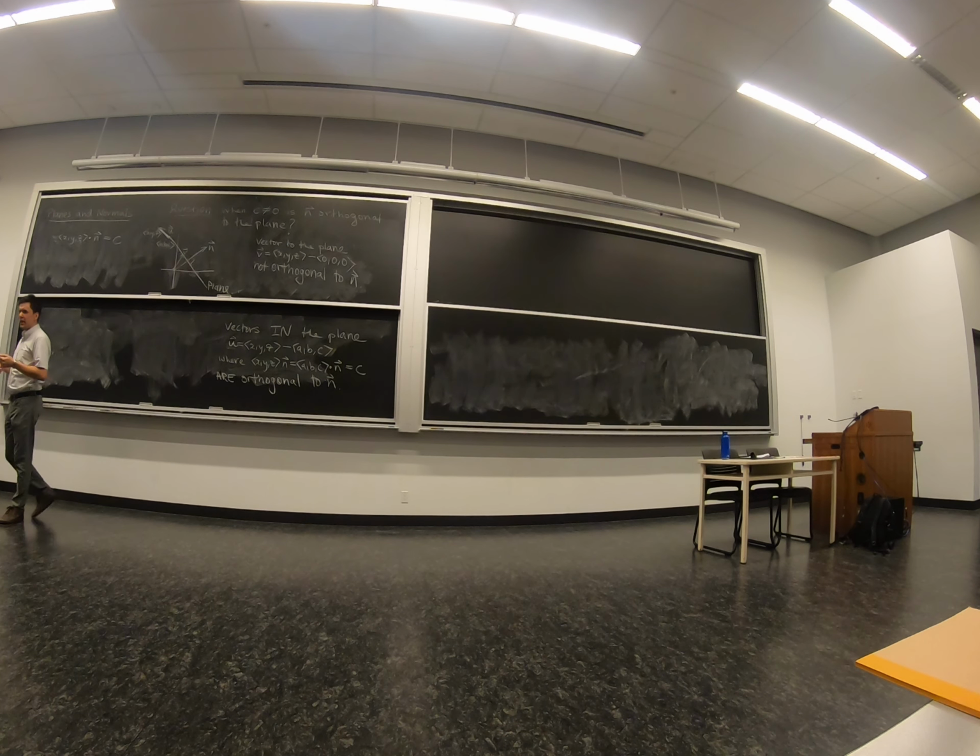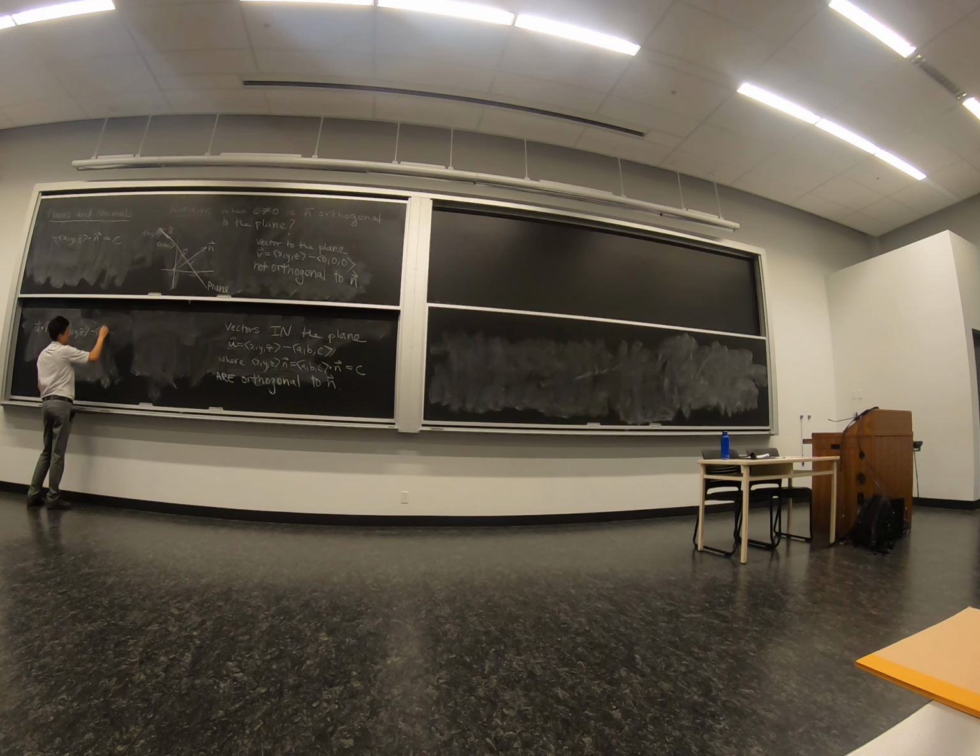And the proof of this is really nice. It's a really slick algebra thing. So we say U dot n is the following guy.